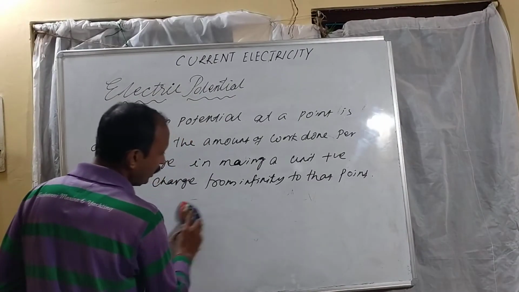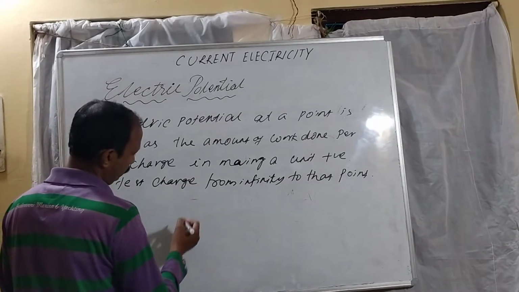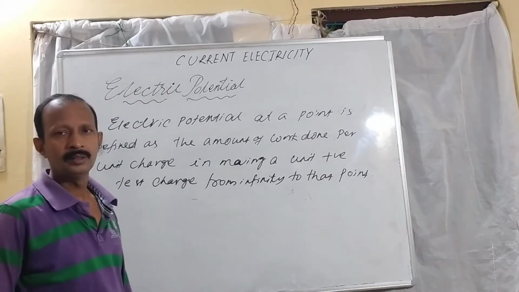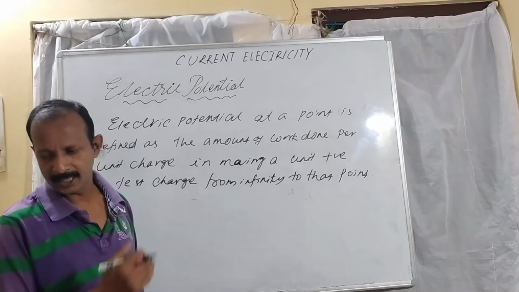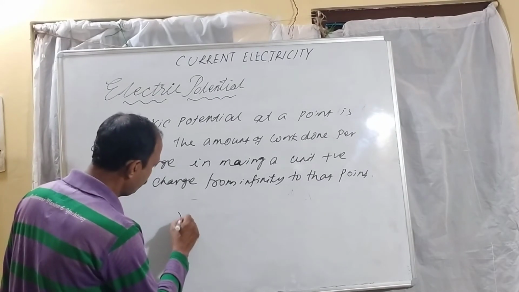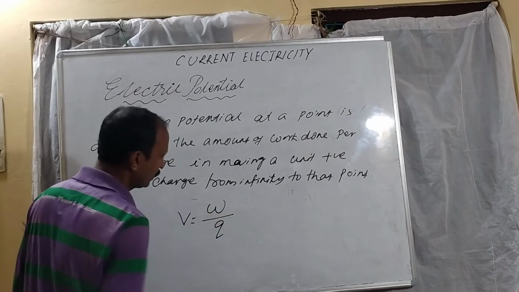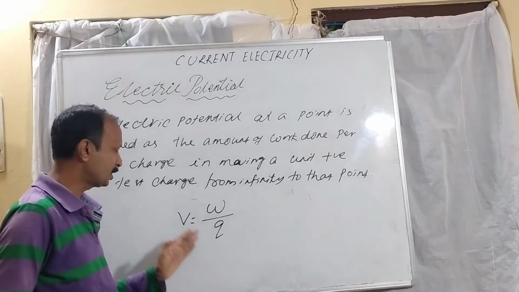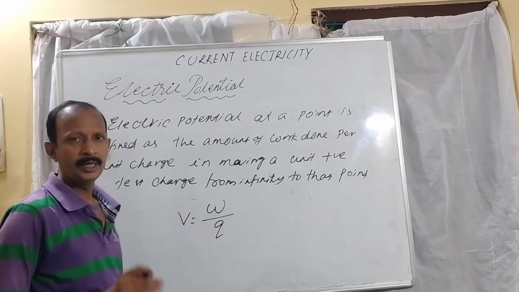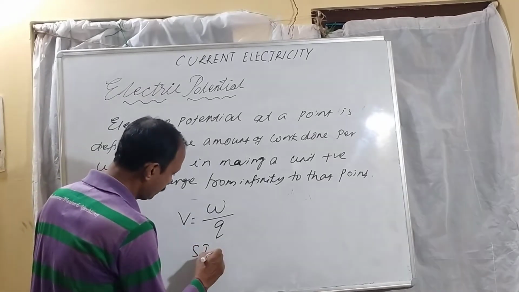Then mathematically what we write? I said that work done per unit charge. Mathematically we write V equal to W by Q. W is the work done, Q is the charge, V is the electric potential. What is its SI unit?